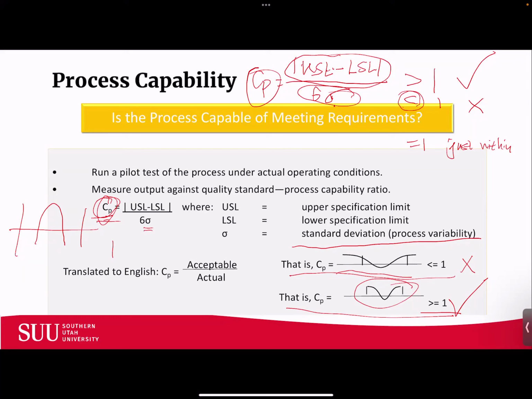If no, let's consider. I just gave you some numbers over there, and think about if it's capable or not. So how about you calculate CP and it's equal to 1.33, is it capable or not capable?